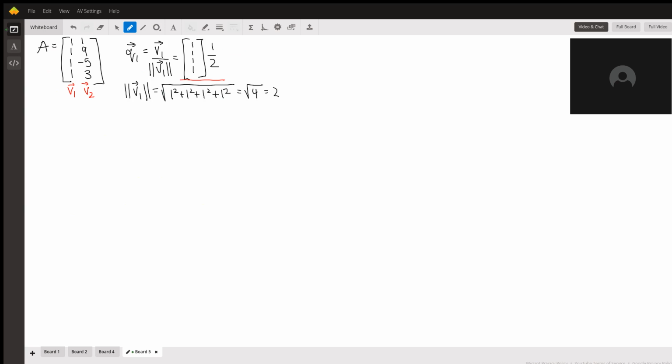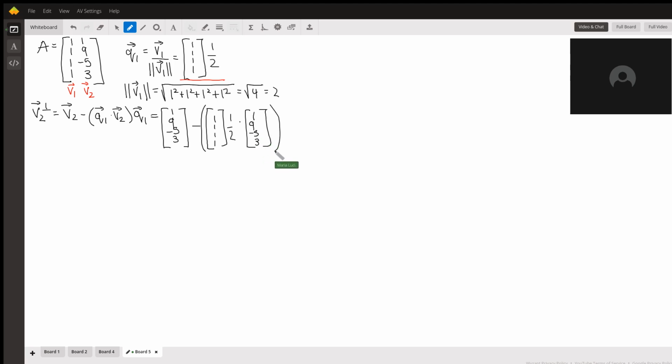So V2 perp is equal to 1, 9, negative 5, 3, minus 1 half times 1, 1, 1, 1, dotted with V2, which is 1, 9, negative 5, 3, times 1 half times 1, 1, 1, 1.